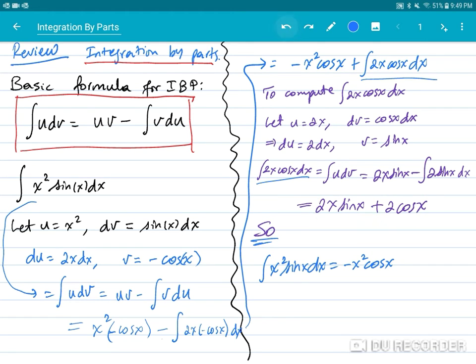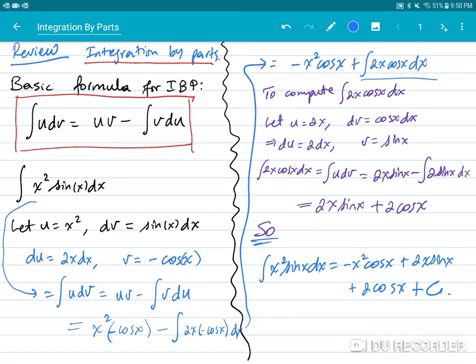So I'll put that for that integral: plus 2x sine x, plus 2 cos x plus c. So that's the integral of x squared sine x dx.